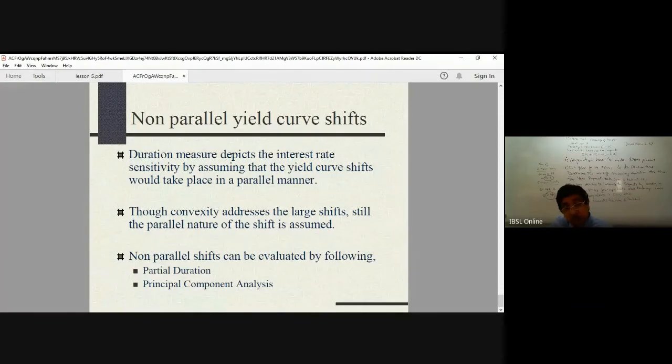Partial duration is one subject area, and there's another thing called principal component analysis. Both of these concepts we are not going to discuss. That is not under our purview, so it is beyond our span of things. So we are not going to talk about partial duration and principal component analysis.